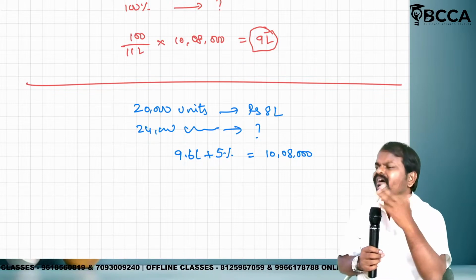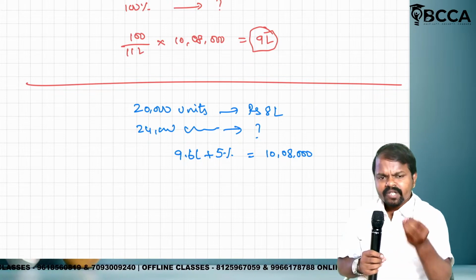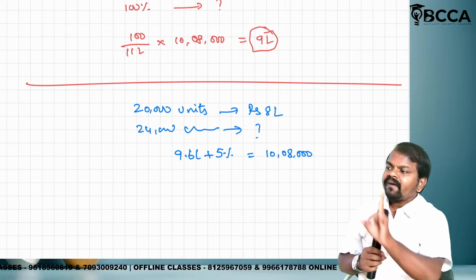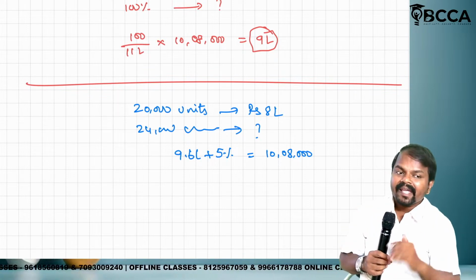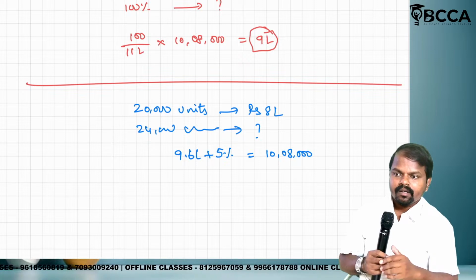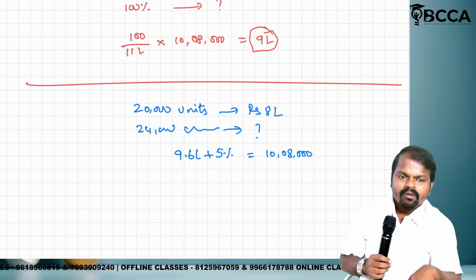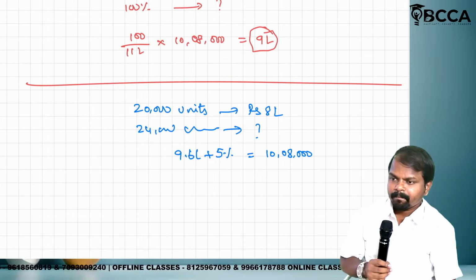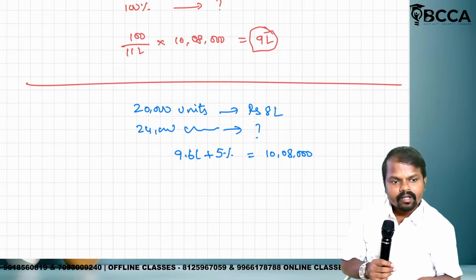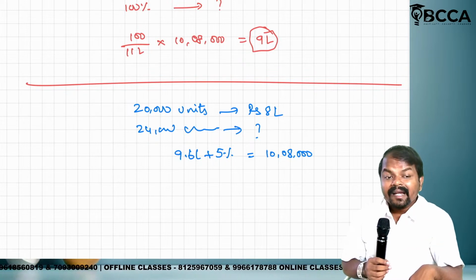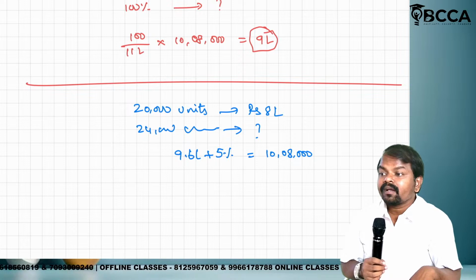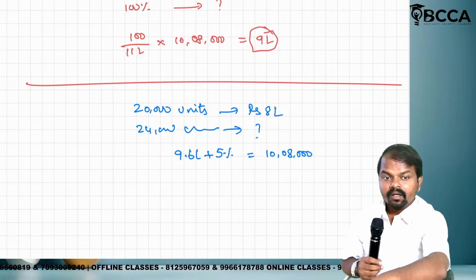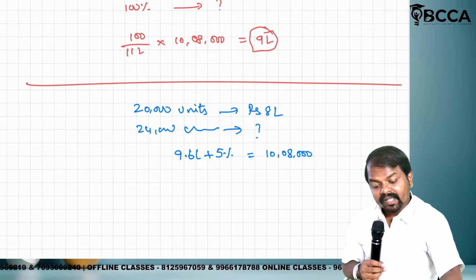Don't think in terms of increment; just think they are working without increment. Previously, in 1 hour, he made 10 chapatis. Currently, after experience, he can make 25 chapatis.